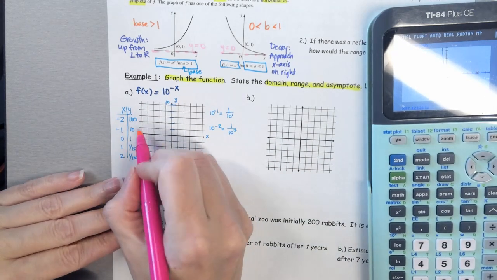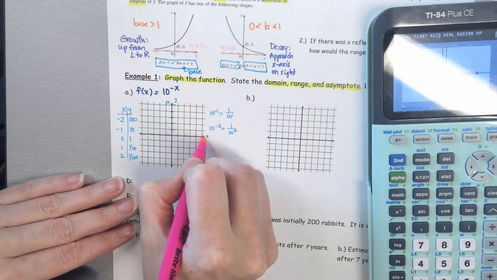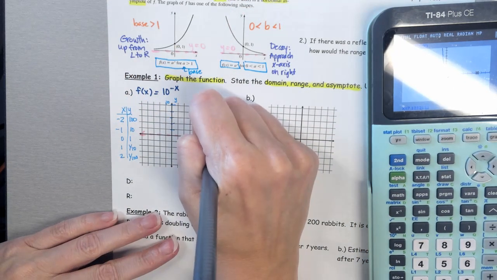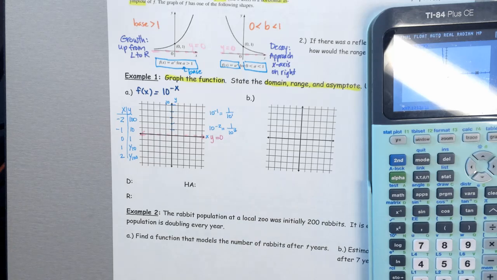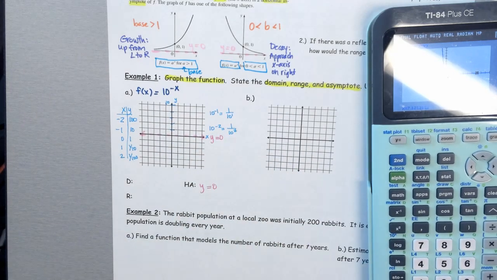Okay, and then because you are going to have some of these on the axis, sometimes I just use my highlighter because it's easier to see. And that's your y equals 0. So that is your horizontal asymptote, y equals 0. Okay, and with the exponential functions, you are only going to have that horizontal asymptote.